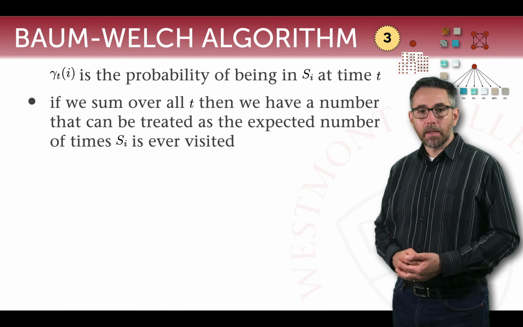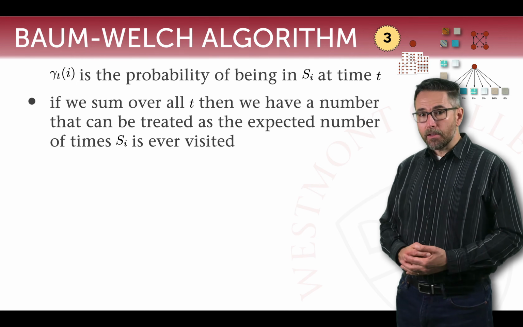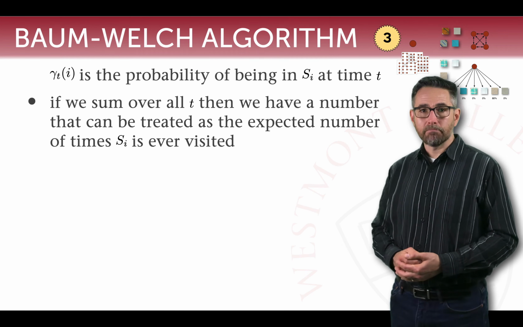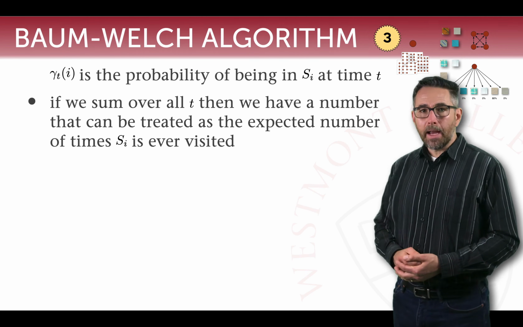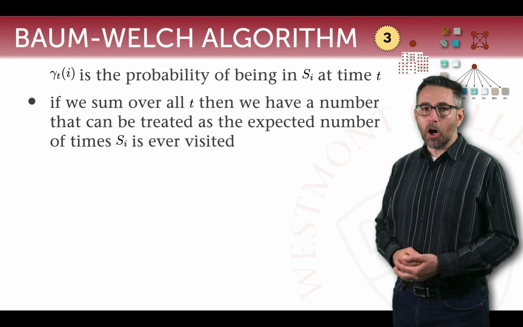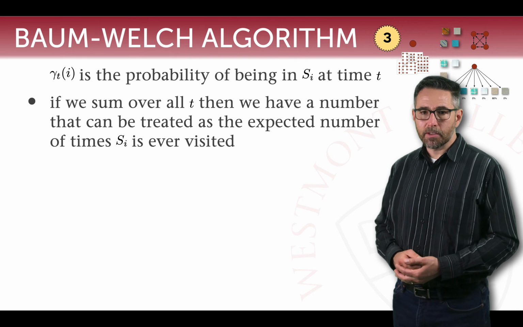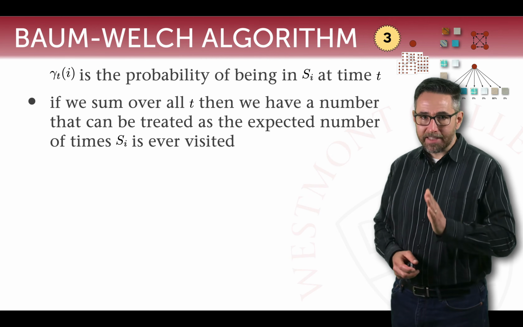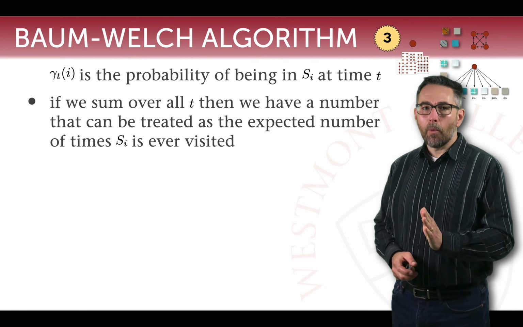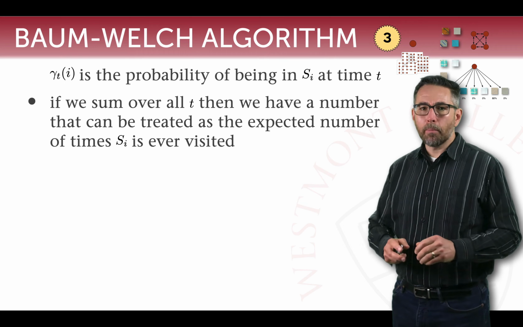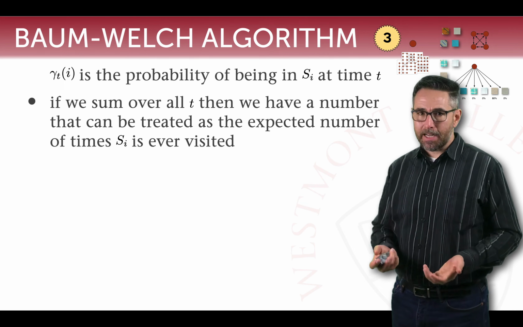All right, so gamma t of i is the probability of being in state si at time t. We're now going to think about the fact that if we sum over all time observations, since gamma t is the probability of being in si at one moment in time, and we want to say, given all of our observations, what's the probability of ever being in state si?